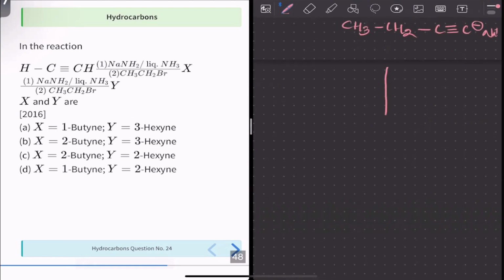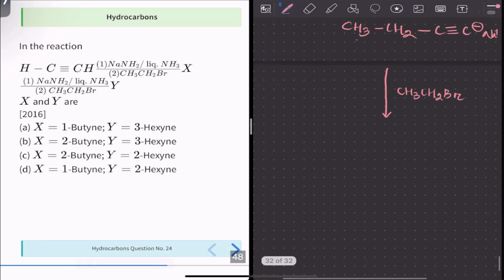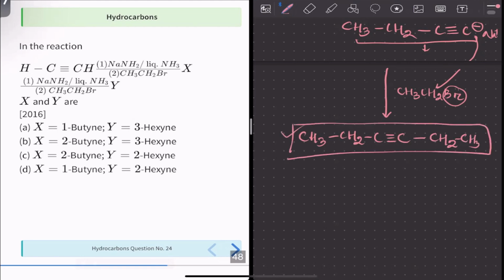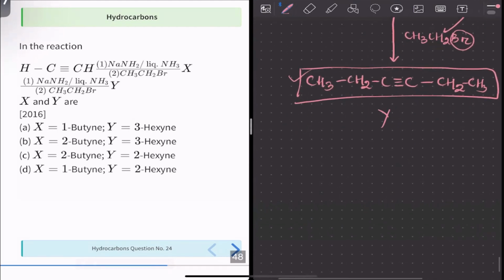Again, we add CH3CH2Br to this. This whole anion will act as a nucleophile and attack this carbon and replace the bromine atom. So the final product will be CH3CH2C triple bond CCH2CH3. This is the final product, that is Y.